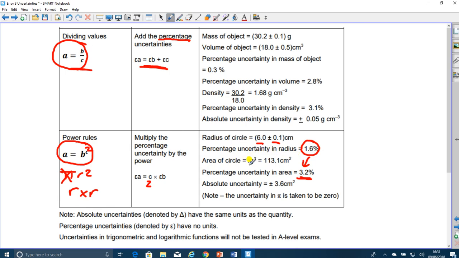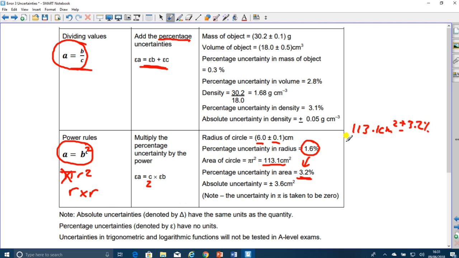Then here you could work out the area of the circle, which in this case, using 6 centimetres, comes out to be 113.1 centimetres squared. We know our percentage uncertainty is 3.2%, so we could write it as 113.1 centimetres squared plus or minus 3.2%.